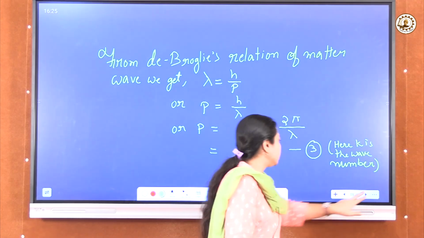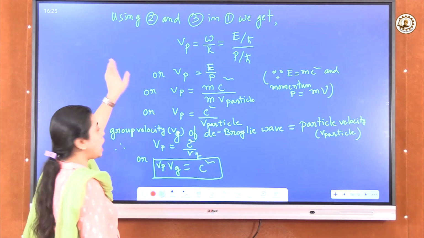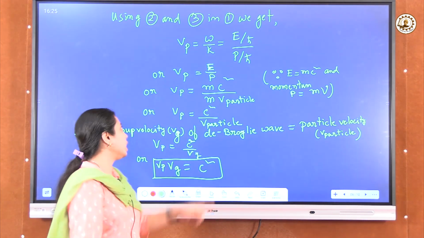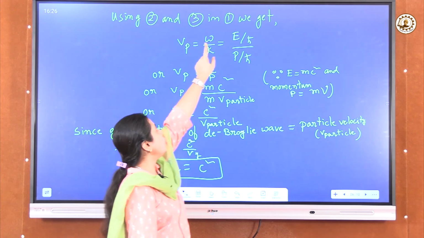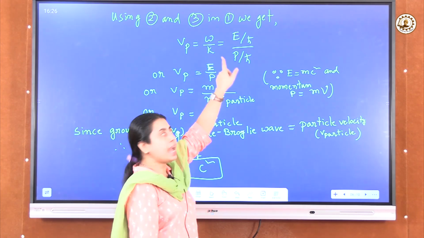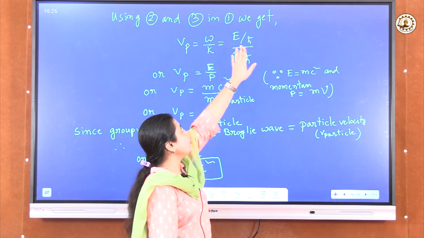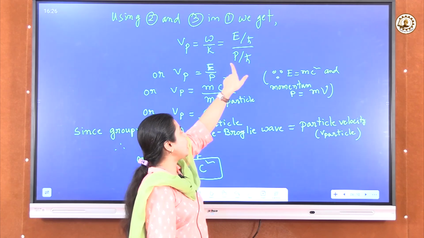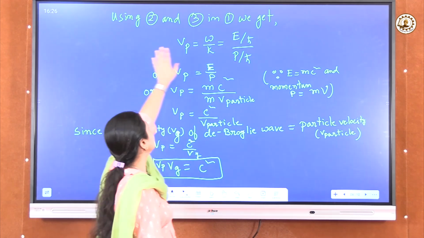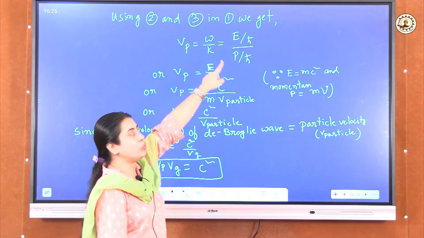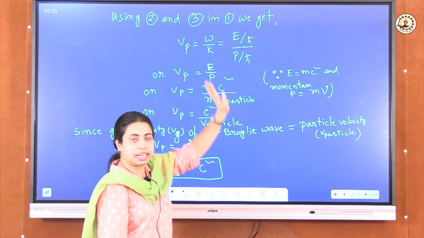Then I will take my equation 1, that is Vp is equal to omega by k, which is equal to E by h cross divided by p by h cross. Means using equations 2 and 3 in 1, we get this relation.